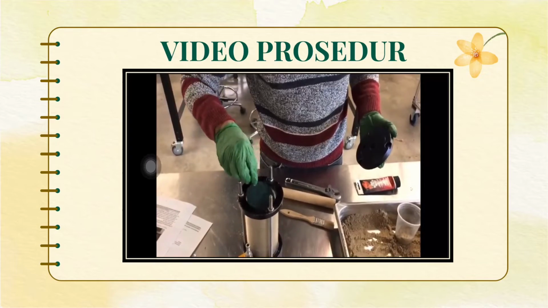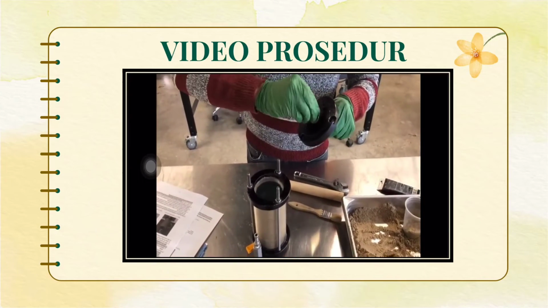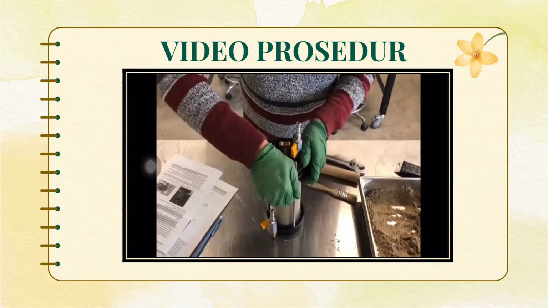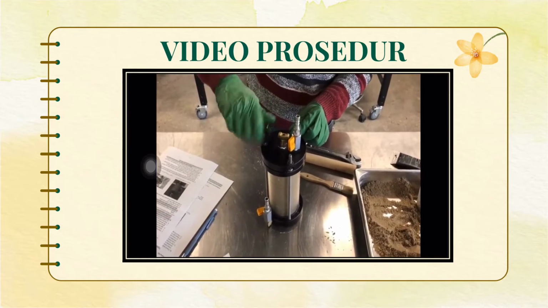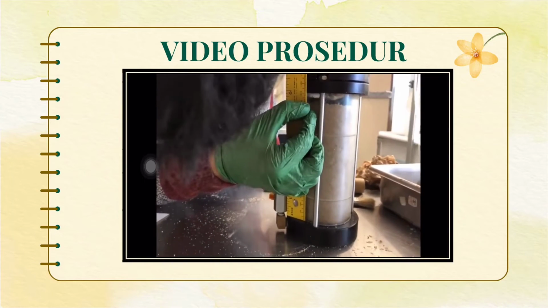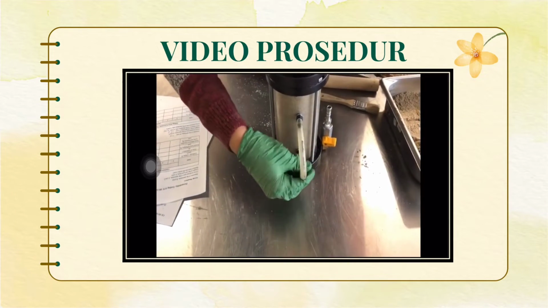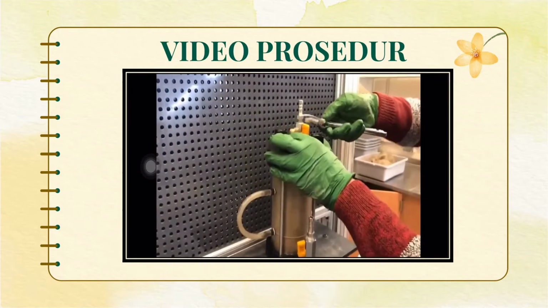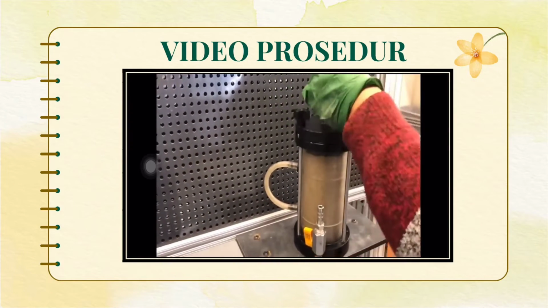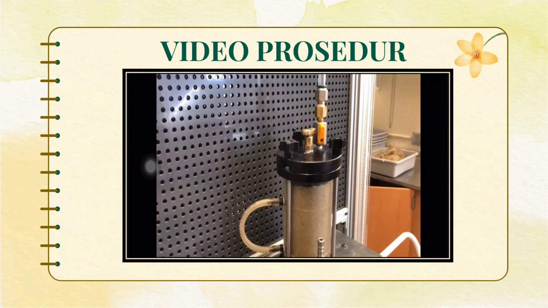Then, put the porous material on top and start installing the permeability cell cover by applying the grease. After installing, measure the length of the soil specimen and connect the rubber tube to the permeability meter. Remove the fitting on the permeability cell and connect the fitting to the standpipe tube.